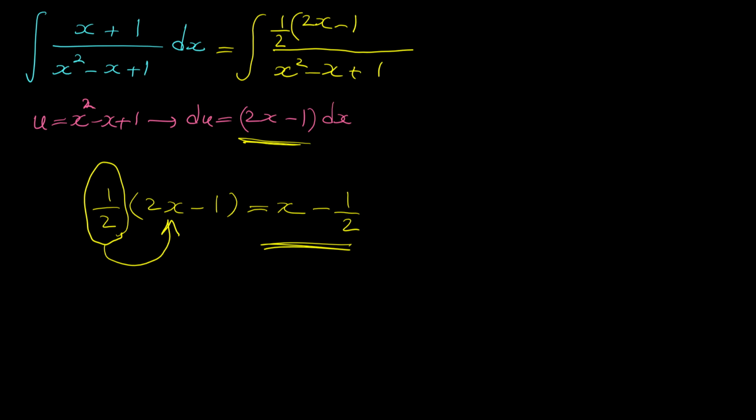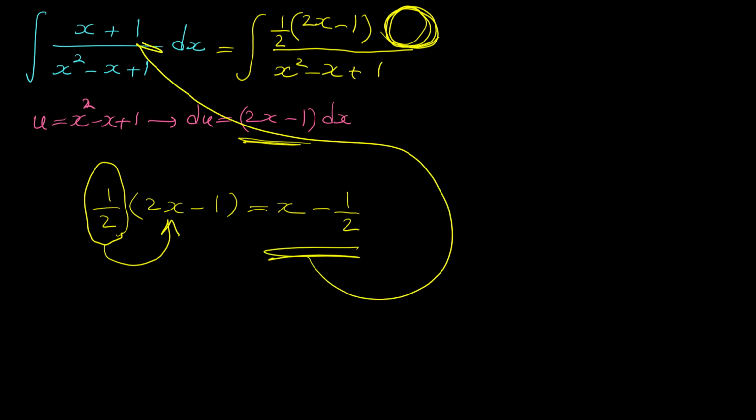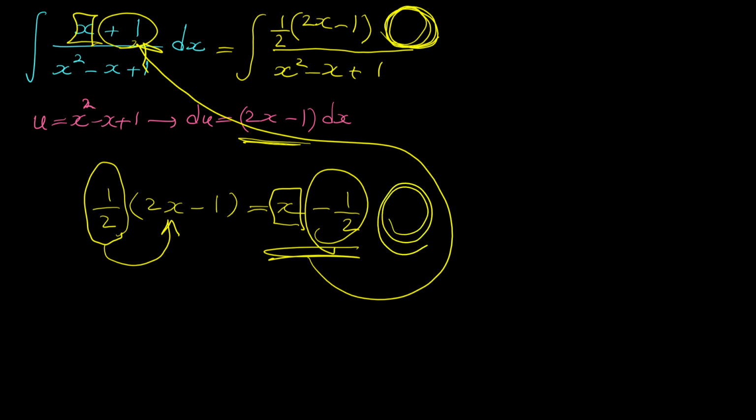But what we had in the actual question was x plus 1, but this is x minus 1/2. So now you should be able to figure out the constant that we have to add to the numerator to make this equal to that. X is fine, we have x here. Negative 1/2 should be 1. What number do we have to add here?